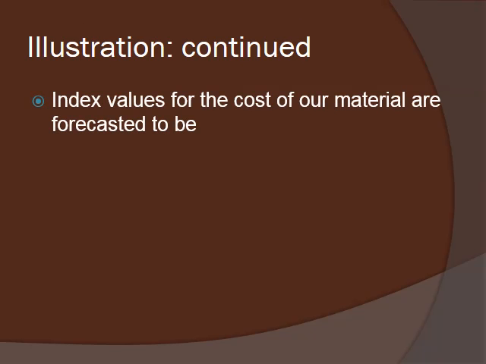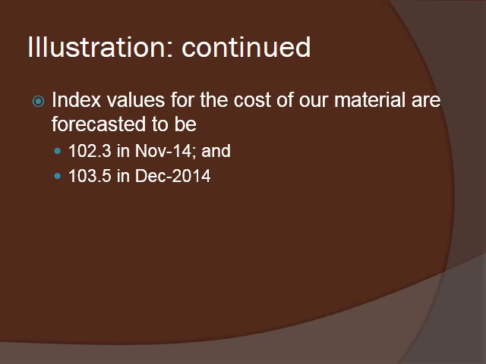So let's go back to our illustration. The index values for the cost of our material, well, we've gone and spoken to an expert, and they've suggested that the index values are going to be 102.3 in November 2014 and 103.5 in December.